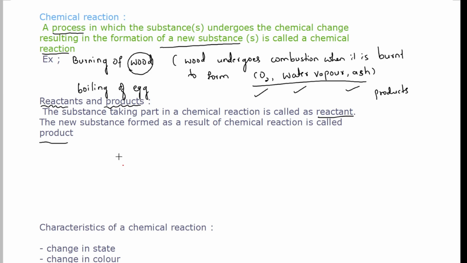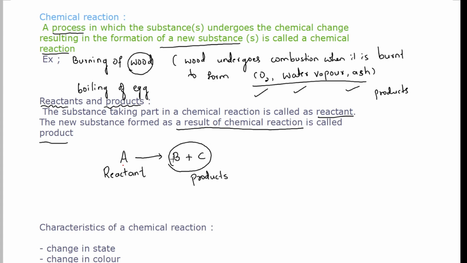Suppose I represent it as: if A is a material undergoing reaction resulting in the formation of B and C, we call A the reactant, because it is undergoing the chemical reaction. After the chemical reaction, the products formed are B and C. These are called products because these are the new substances formed as a result of the chemical reaction.